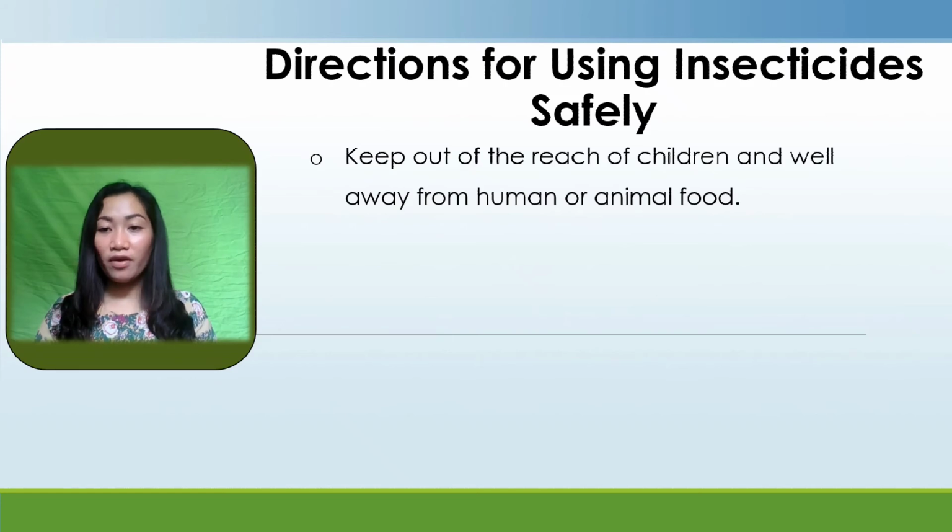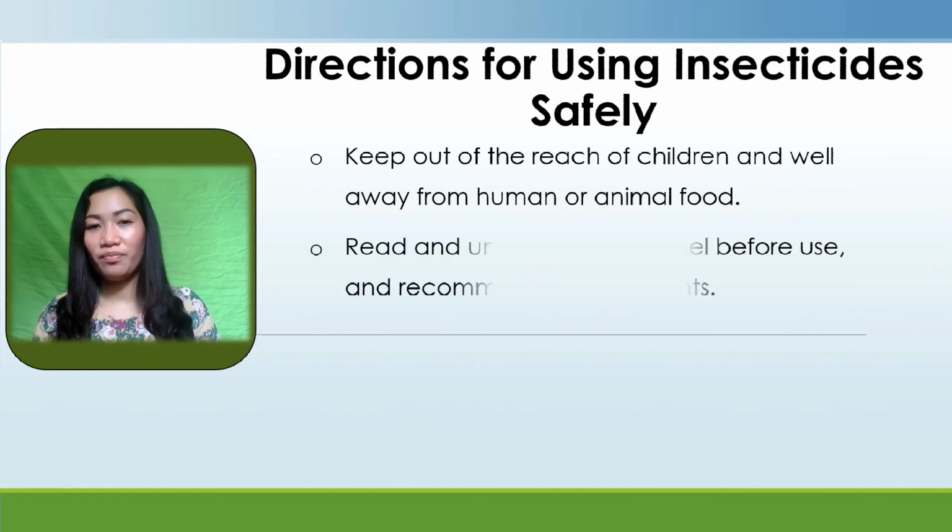It is very important to put them in a very safe place. Because surely if you eat food that was contaminated by insecticide, you will be harmed or you will die. So it's very important to take heed of that direction.